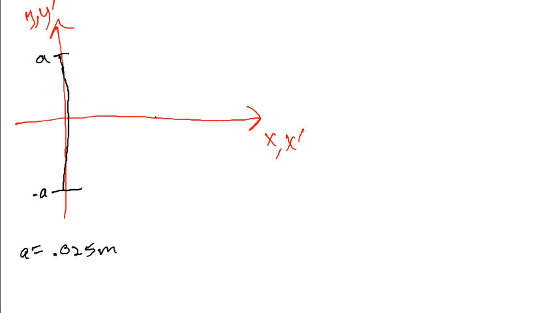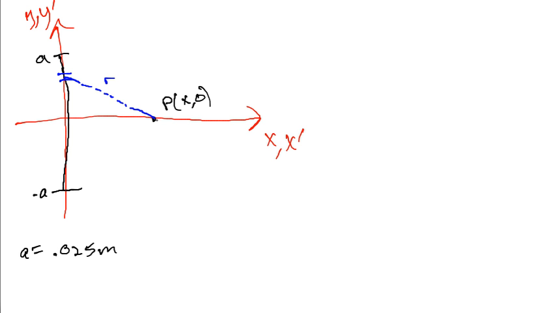And we're looking for the x component of the electric field at points on the x-axis. So I'll pick a point over here. It'll be a distance r away from, I'll call this point P, which is at x comma 0.